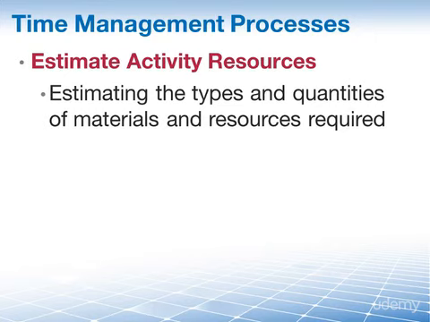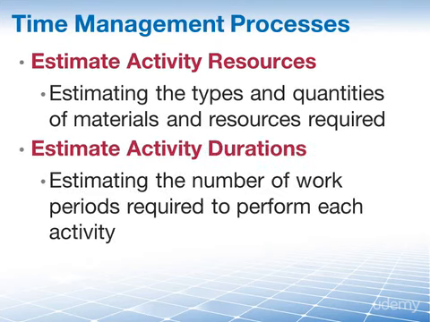Estimate activity resources is the process of estimating the type and quantities of material, human resources, equipment, or supplies that are required to perform each activity. And now that we know that, we can estimate how long it's going to take. In estimate activity durations, the process of estimating the number of work periods needed to complete individual activities with estimated resources.